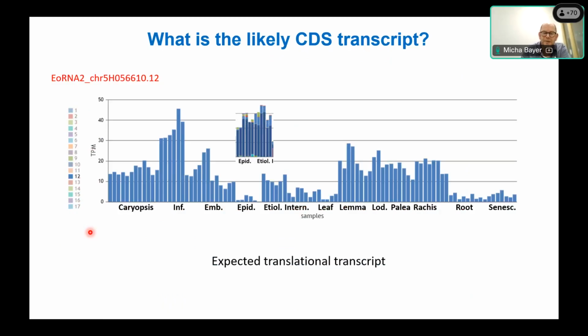And if you compare that then with what was at the start, you can see that there was mostly transcript 10 and things like the epidermis or etiolated leaf, and there is very little of transcript 12 in those different tissues. So you can see that you can very quickly generate questions, and you can very quickly generate a hypothesis about why that might be and what sort of effects this may have on the expression of your gene of interest.